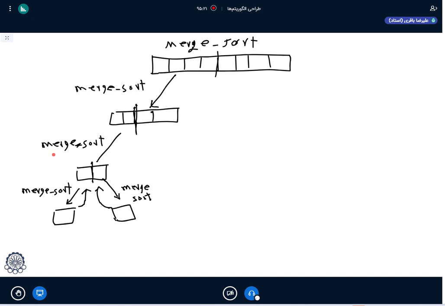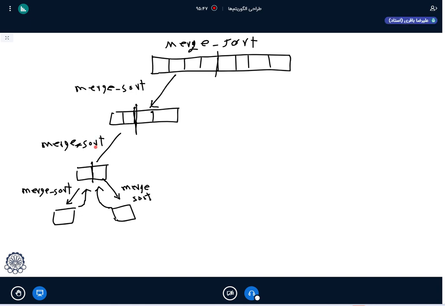Okay, in this merge sort, two function calls have been done, and we should do the combining. We should call merge. So in this function, we call merge, and these two parts are merged.